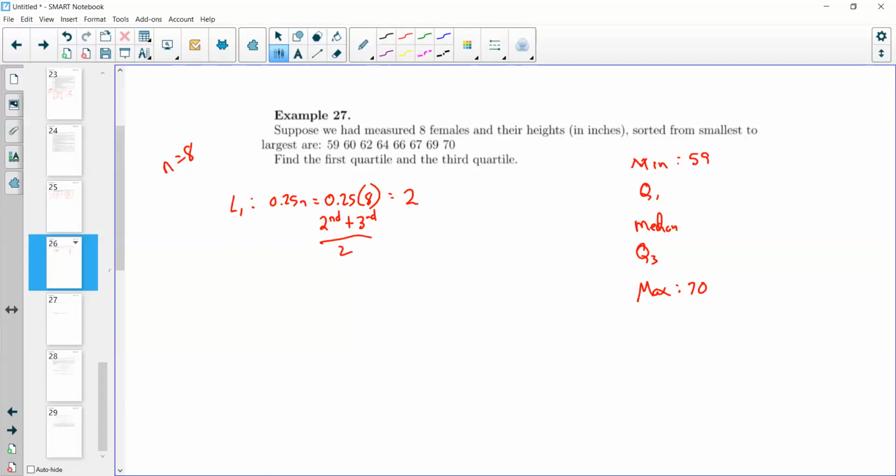So the second number here is 60. The third number is 62. Divide that by 2, and we get 61, which would be right here. Okay.